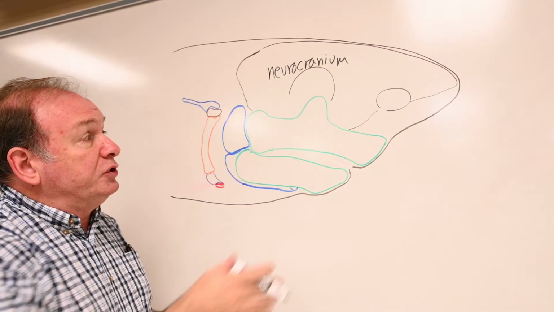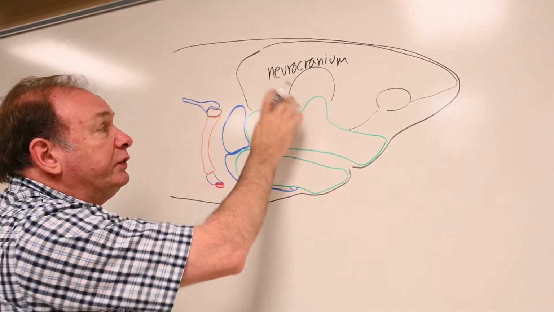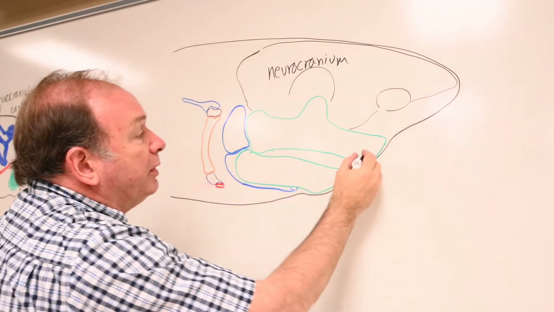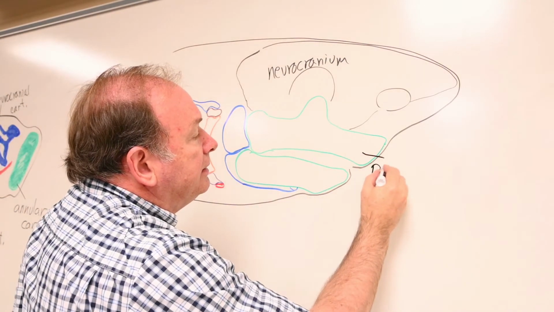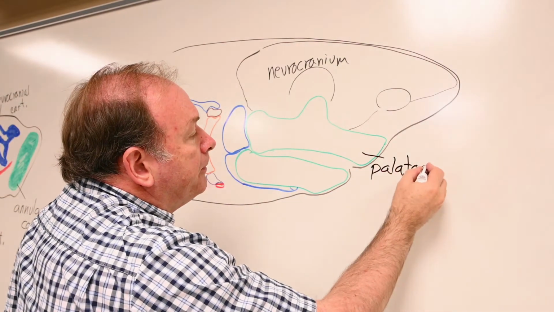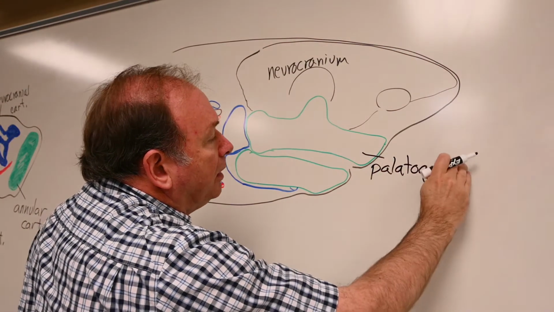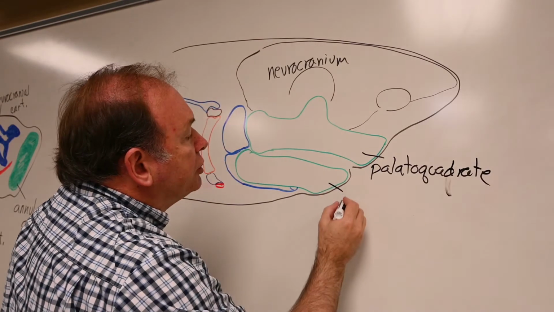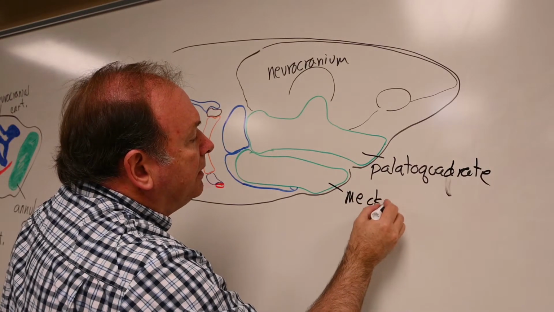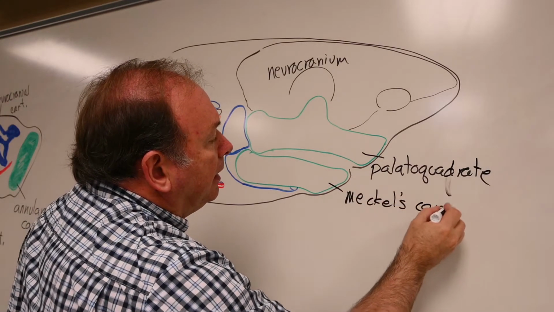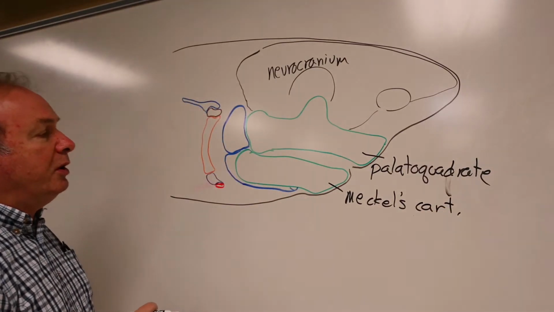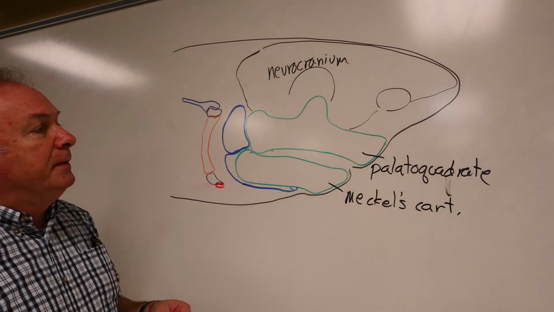Remember, in the ratfish, the upper jaw is fused to the brain case. But anyway, this upper jaw part right here, remember, is the palatoquadrate. And the lower jaw is Meckel's cartilage, part of the first visceral arch, the upper and lower jaw of the first visceral arch. There.